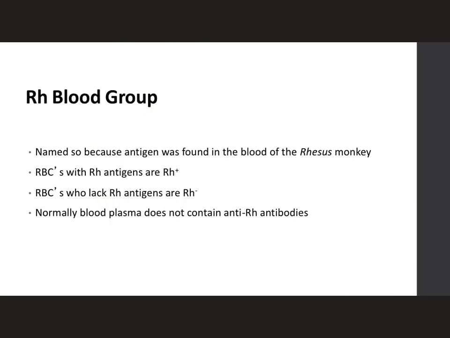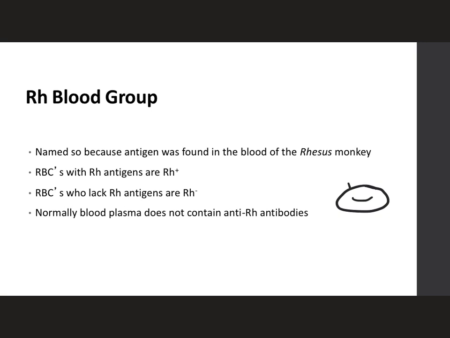This brings us to the Rh blood group. Now, the Rh blood group was named because the antigen was first found in the blood of the rhesus monkey. This one works like this. If the Rh antigen is present on the red blood cell, if it is there, then those individuals are labeled as Rh positive.